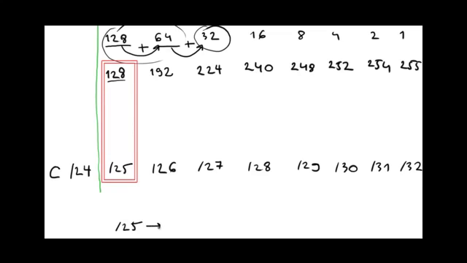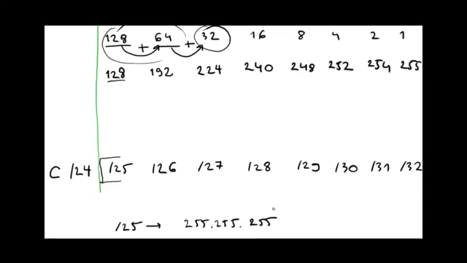So it becomes, remember, we're working with class C, that means this is the last octet. So we would have 255.255.255. Remember, this is our borderline. And now 128.